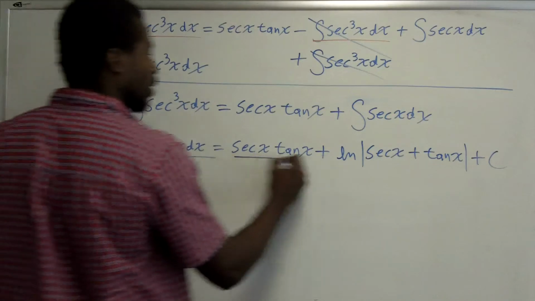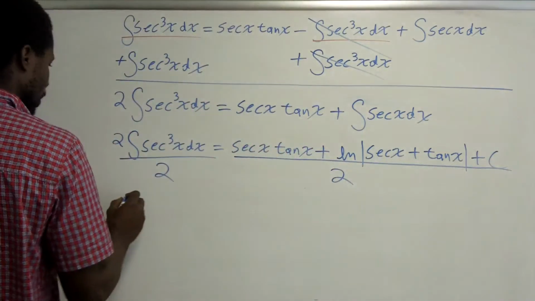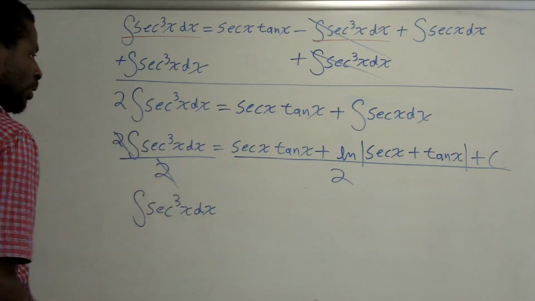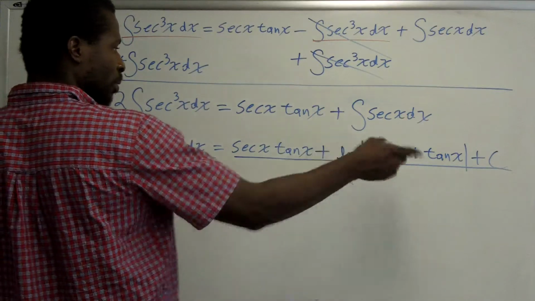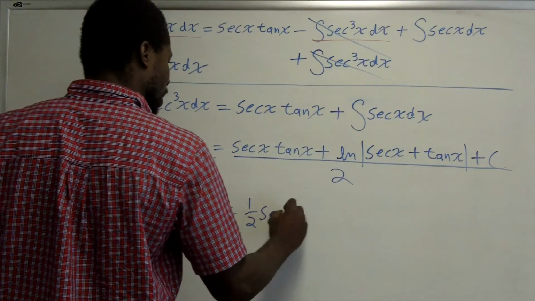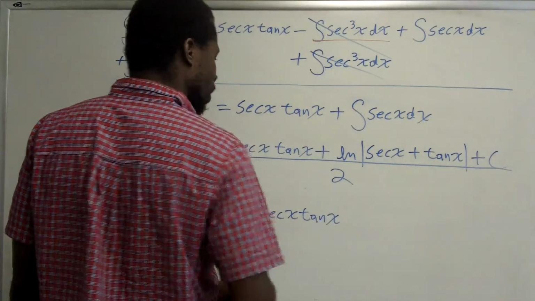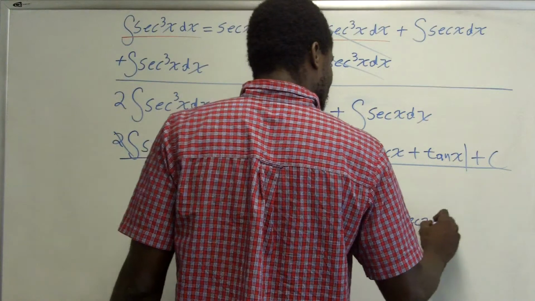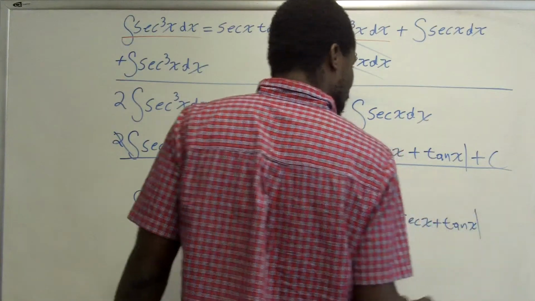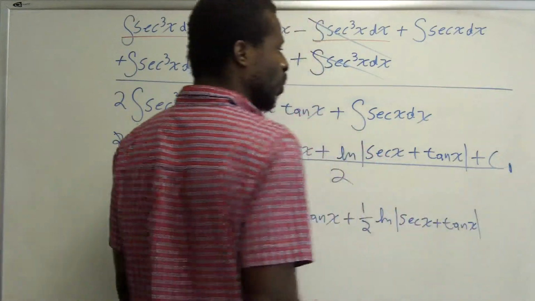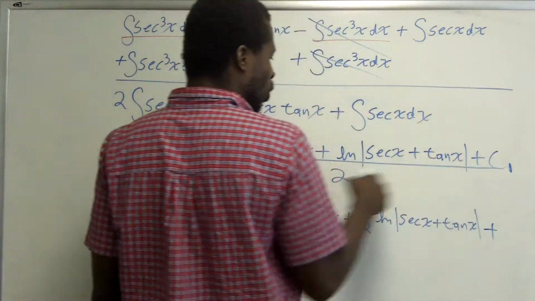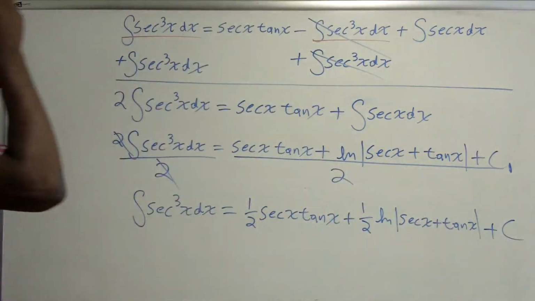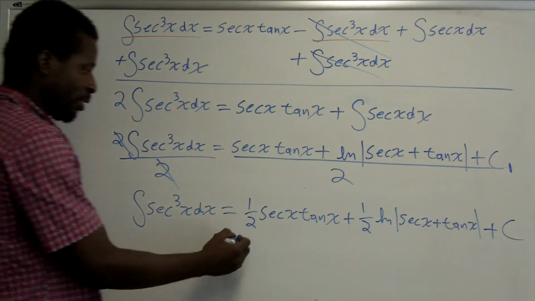Dividing all this by 2, I get the integral of the secant cubed of x dx is equal to 1/2 secant x tangent x plus 1/2 the natural log of the absolute value of the secant x plus the tangent of x. And then if I call this constant c1, then this c1 over 2 is just another constant. Half of that constant just gives you another constant that I'm going to call c. So here's the integral. This is the answer right here.